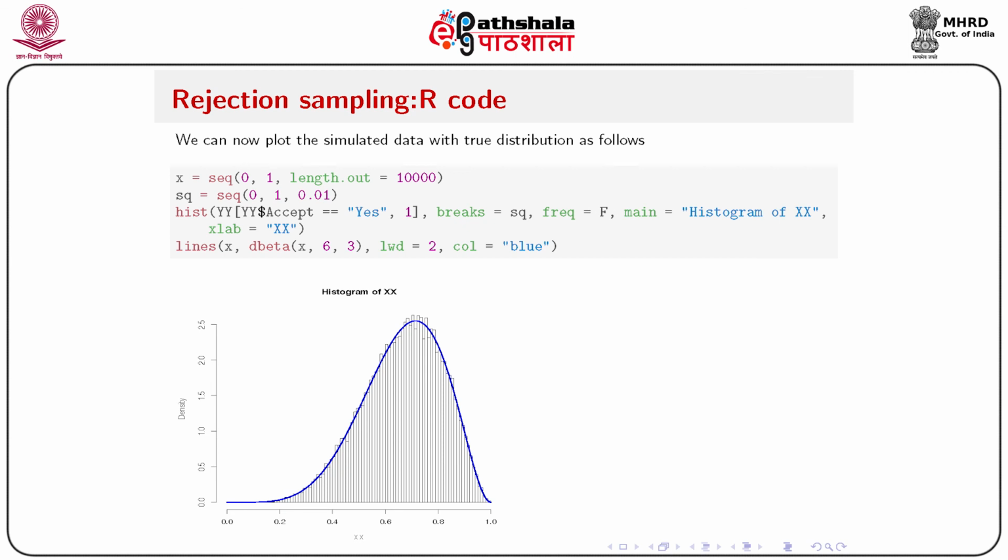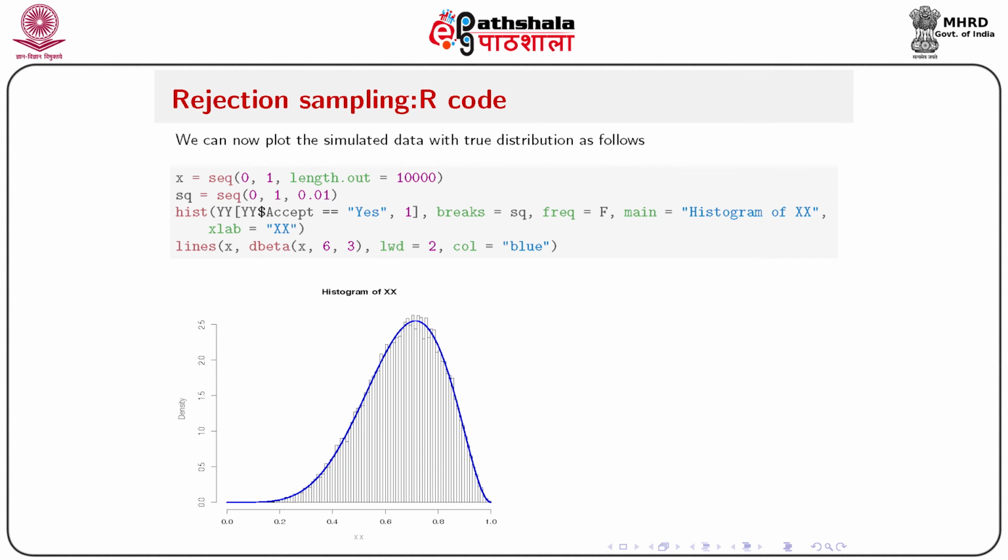Then I draw the histogram of yy where accept equals yes, with breaks equal to sq, freq false, main as histogram of xx and xlab as xx. That will give the histogram.